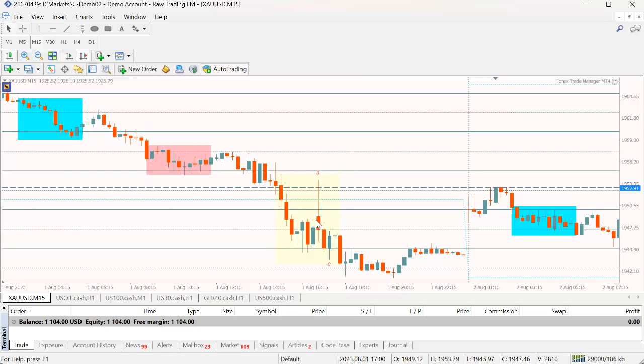So the news event has happened, the candle has closed. What we're looking for next is a continuation of that move, in the direction that the move from the news has gone. And so we have price continuing to fall. This was a very big bearish candle with a long rejection wick.